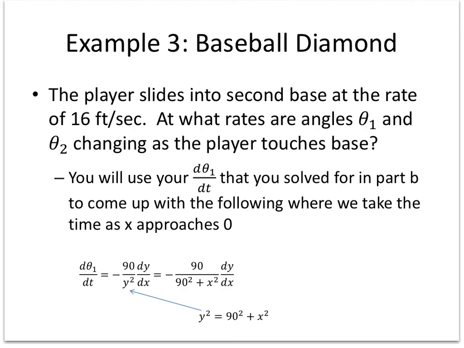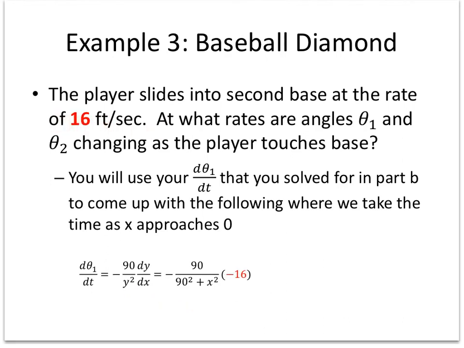And now when I plug in my rate of change, my negative 16, the only thing I see is that there's still a variable here. But I'm going to take the limit as x goes to 0, so I'm just going to let that be 0. That's why I said this is an easy limit. You can automatically plug that in and get your answer.